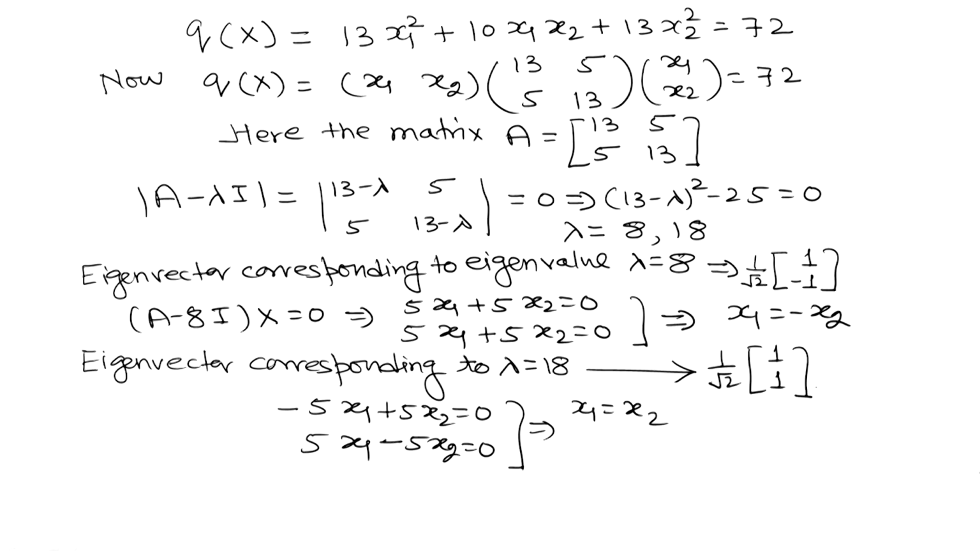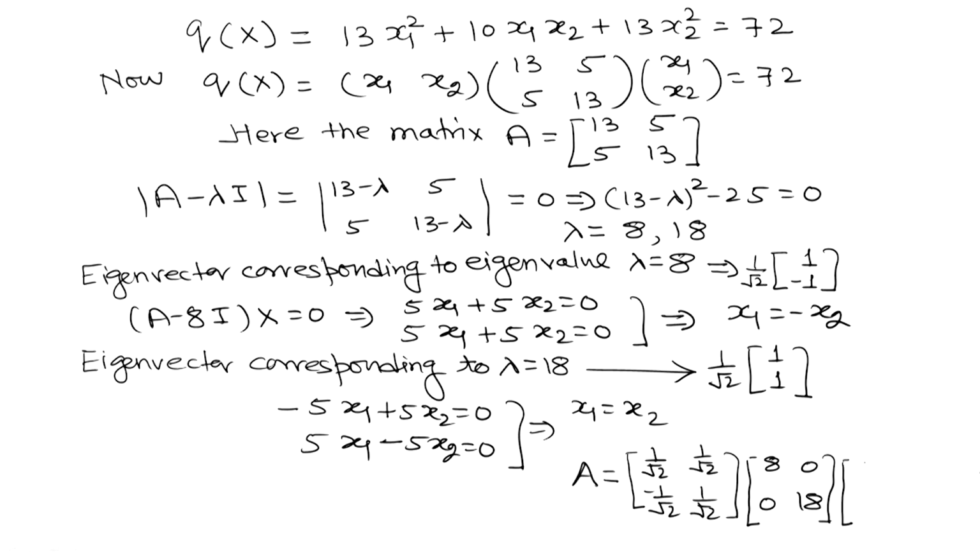So, in this way I can write the matrix A as Q D Q transpose, where Q is 1 by root 2, minus 1 by root 2, 1 by root 2, 1 by root 2, and the matrix D will be 8 0 0 18, and then again Q transpose, which is 1 by root 2, minus 1 by root 2, 1 by root 2 and 1 by root 2.